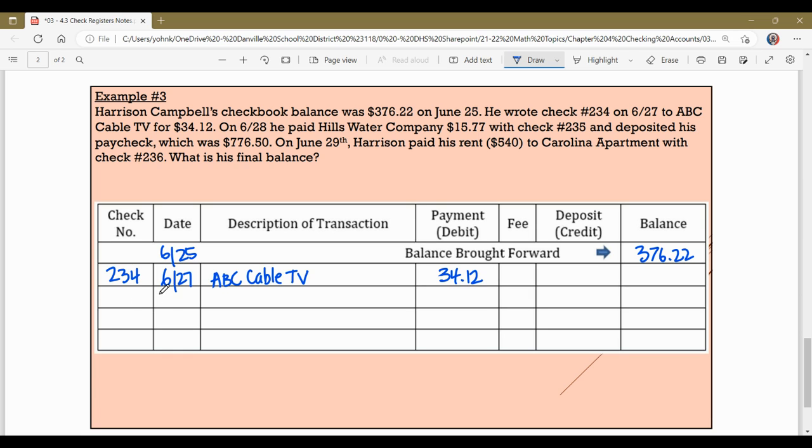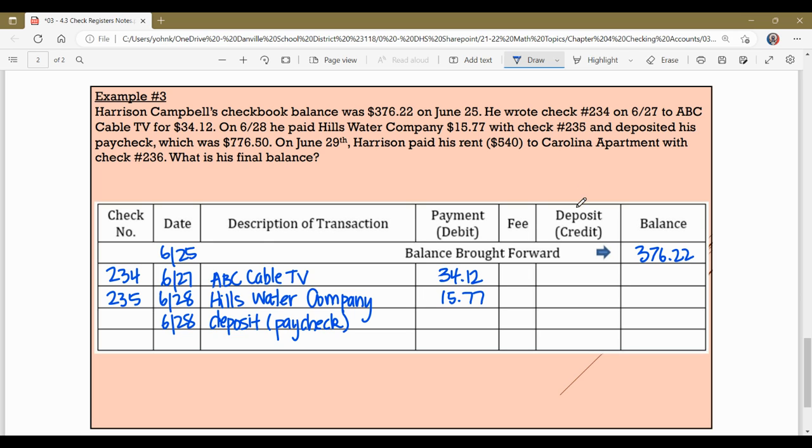On 6/28, he paid Hills Water Company $15.77 with check 235, and he deposited his paycheck. Same date, so also 6/28.